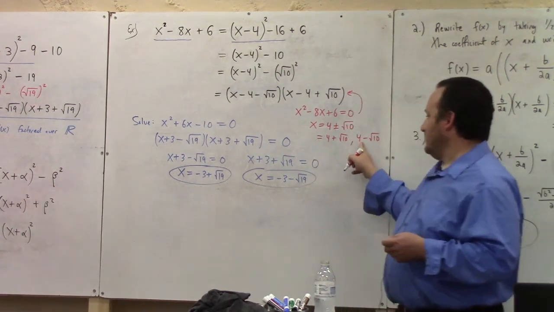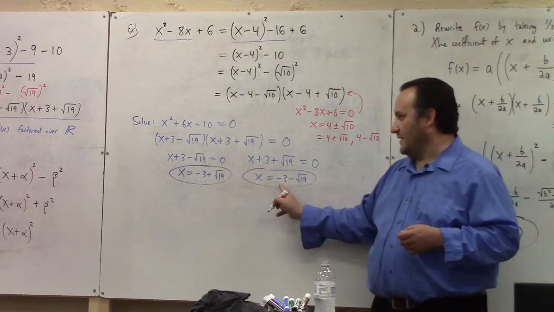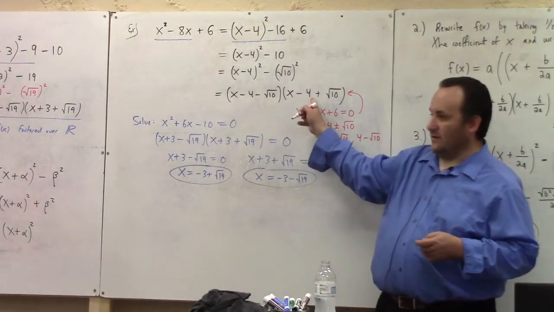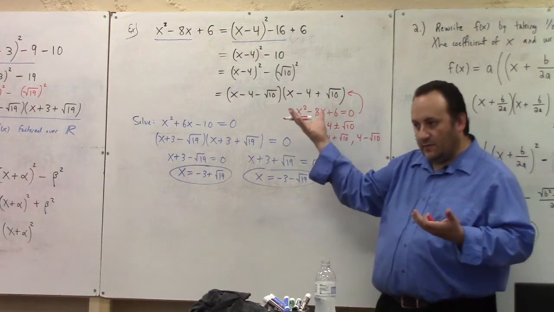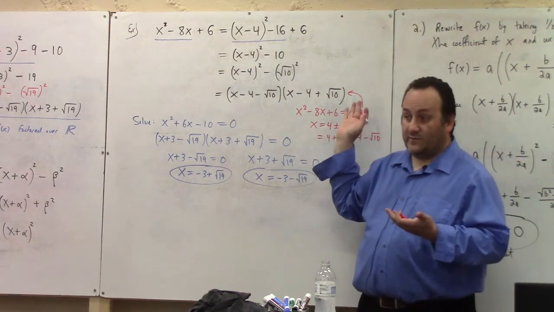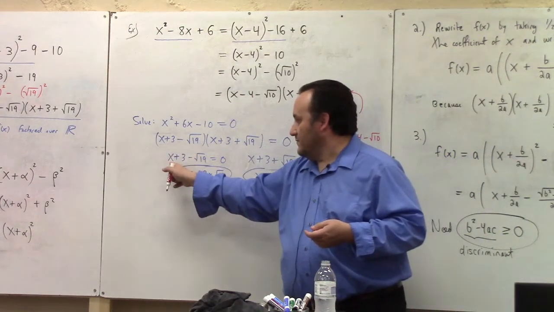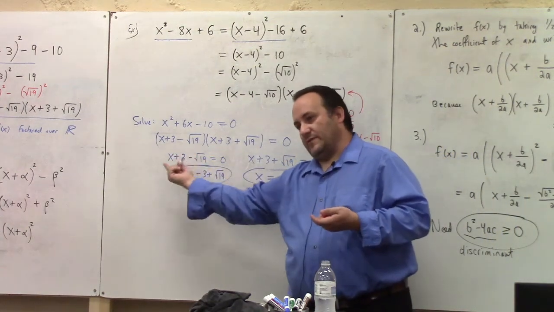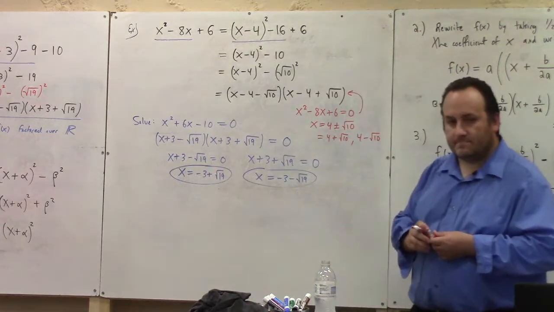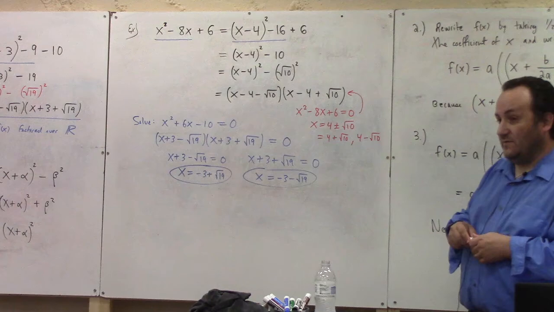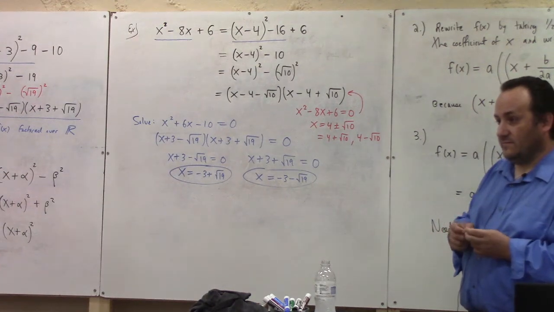The reason that this is plus 4, whereas that was minus 3, is that there's a minus 4 appearing here, which when we set that equal to 0, we bring minus 4 to the other side, we get 4. This one, when we set that equal to 0, we get minus 3 because we have to bring the 3 to the other side. So if you can factor completely, you can solve.